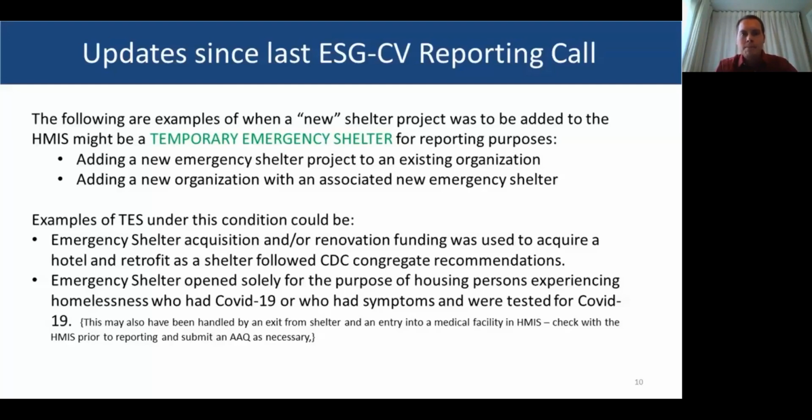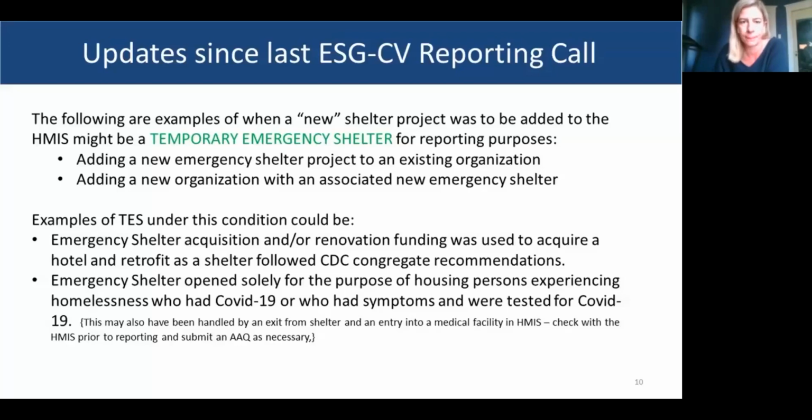We had one from Brent, just clarifying, sort of summarizing what you were just talking about, Michelle. So an existing emergency shelter who is using a hotel due to the fact that they closed shelters for COVID, it's still an emergency shelter, not a temporary shelter. It's still emergency shelter. Right. Yes.